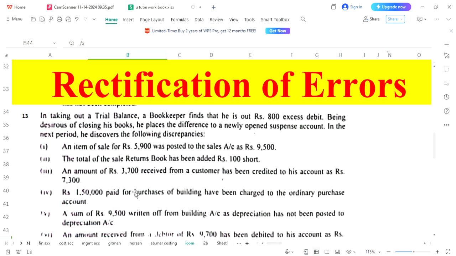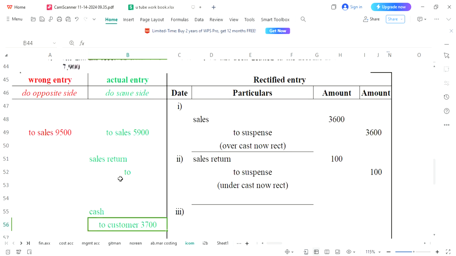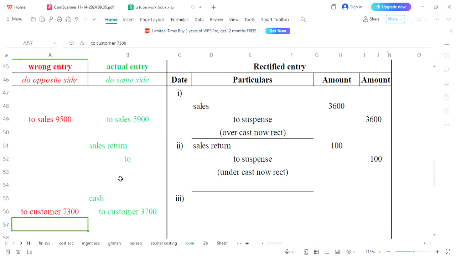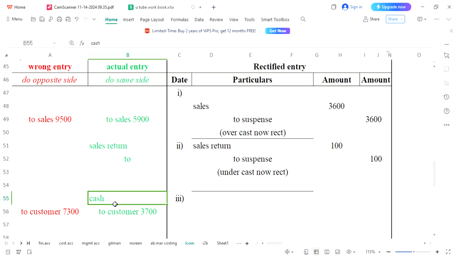What mistake have they done? It has been credited to his account. His is used only for human beings, that means the customer, 7300. So they have posted to the customer but with the amount 7300. Now there is a mistake only in customer, no mistake in cash, so you may ignore it.